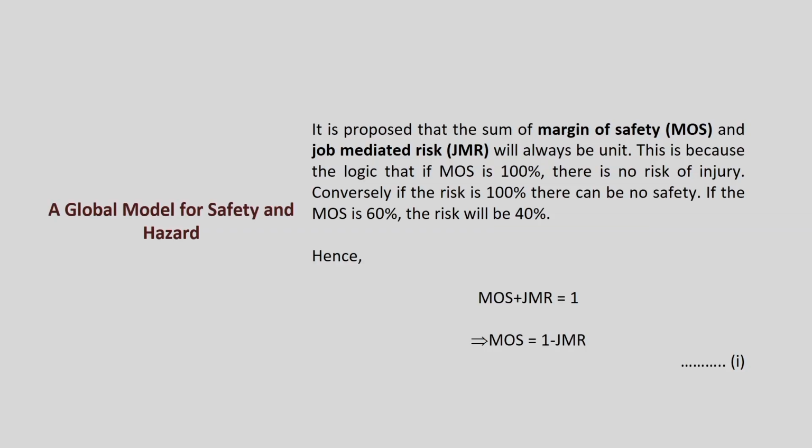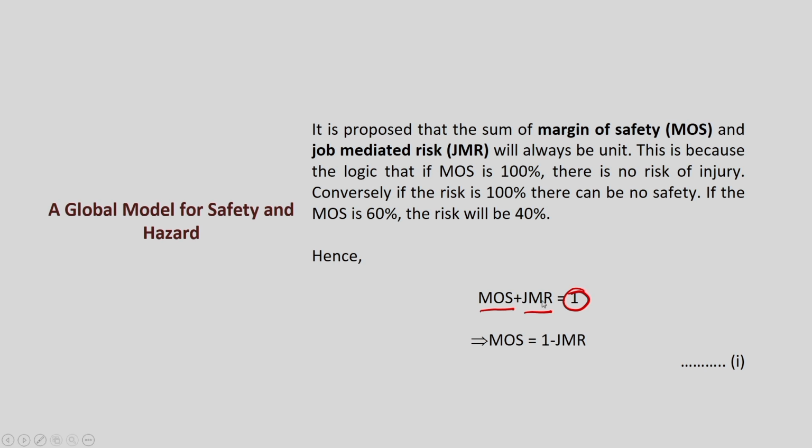Now, we will be discussing what this composite index is. Before I go for that, we need to know some terminology: margin of safety, MOS, and job mediated risk, JMR. You can go back to your textbook and find the details about all this, but I will explain this particular formula, which says MOS plus JMR should be 1.